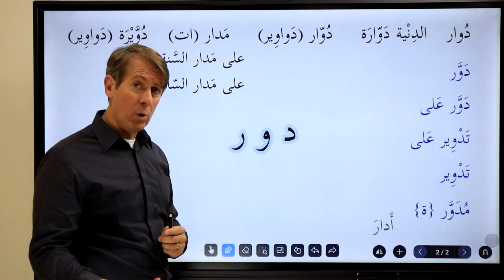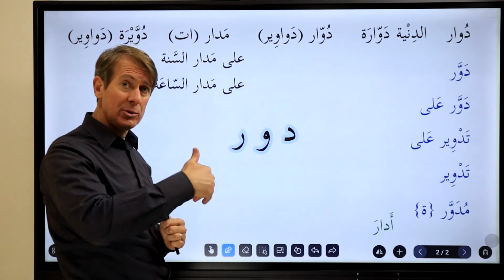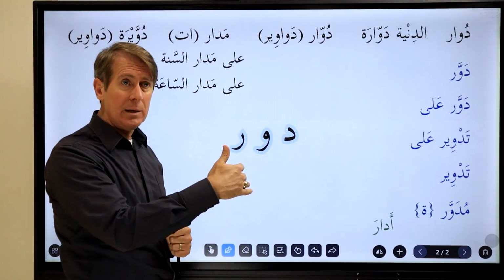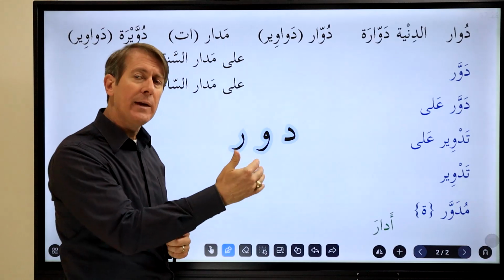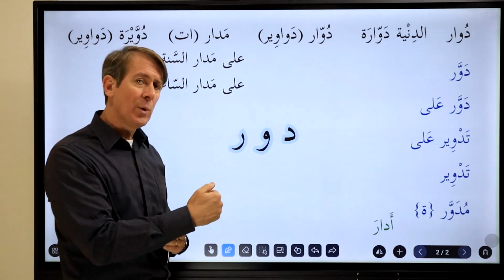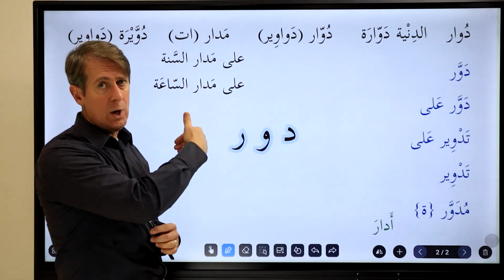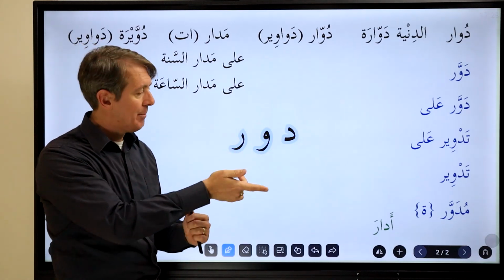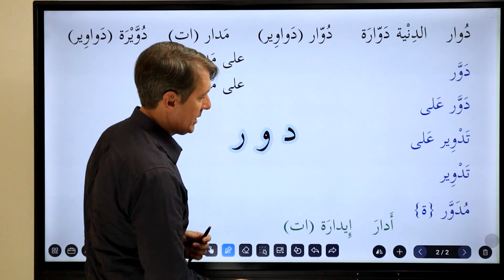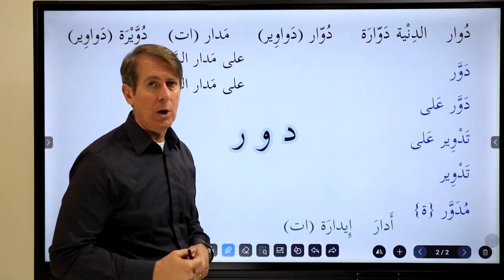But from form 4, we get the nouns, the masadir, and adjectives that we actually use in amiyya. So we take the verb from form 1, but we use these other ones, like for example, idara.